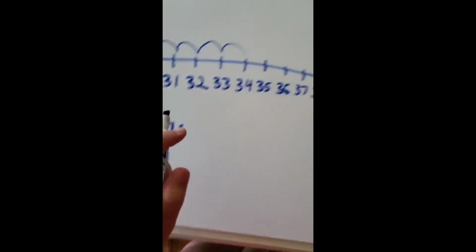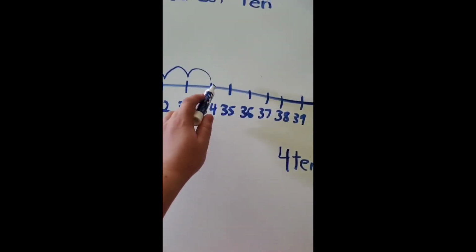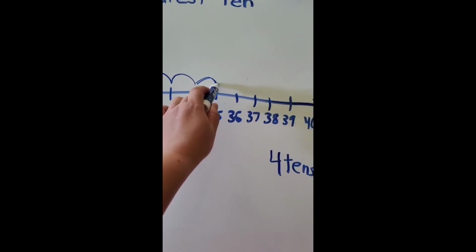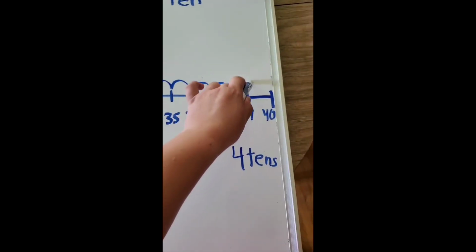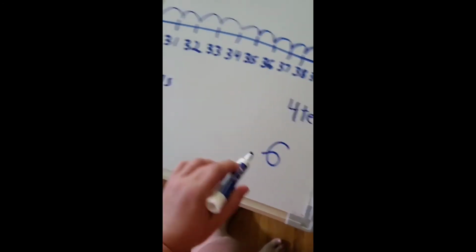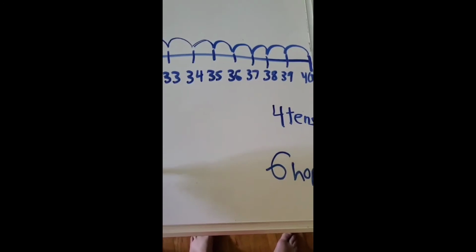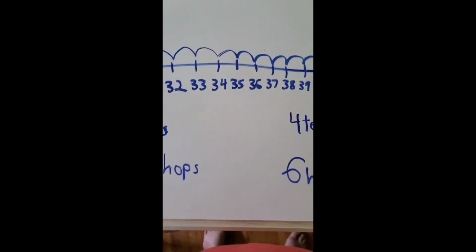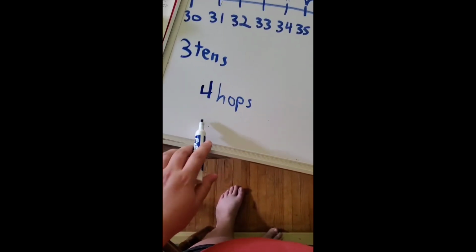Let's see how many hops it is to 40. Let's count it. 1, 2, 3, 4, 5, 6. 6 hops and 4 hops. So we know that 34 is closer to 30 because it has less hops. Isn't that super cool? It's awesome.